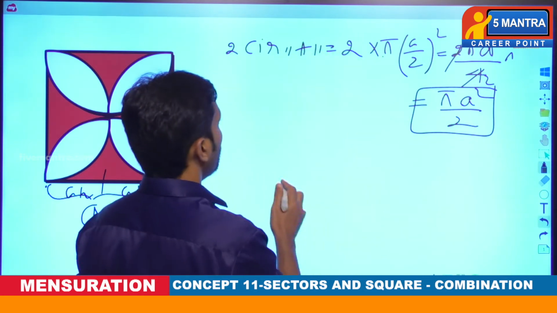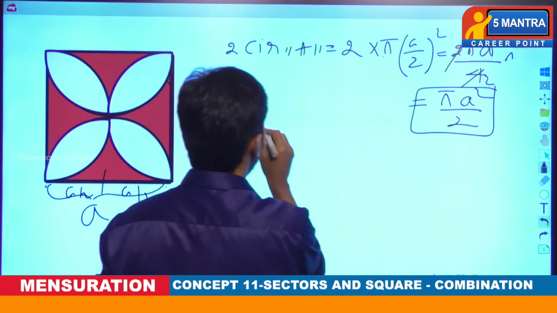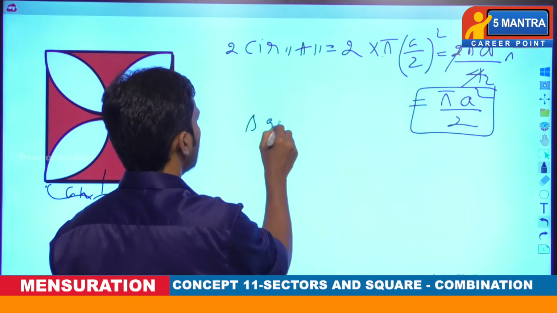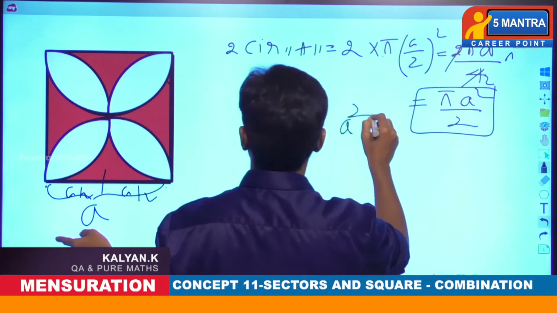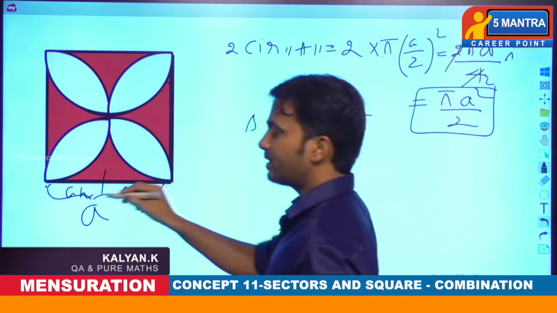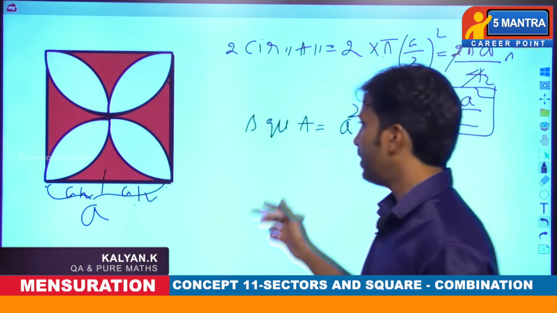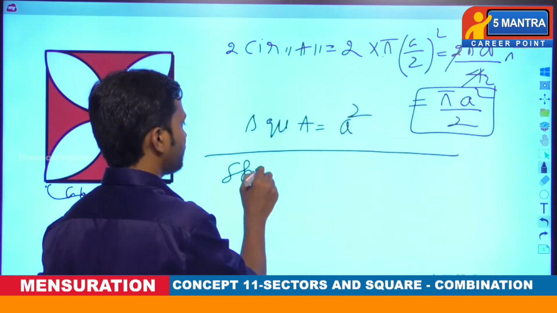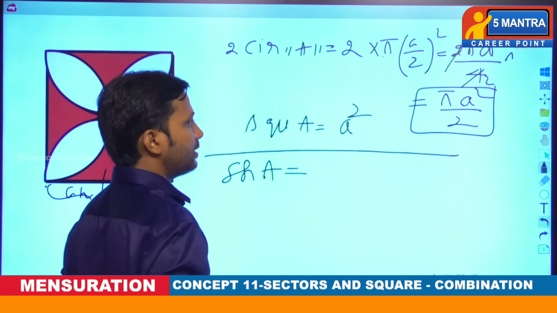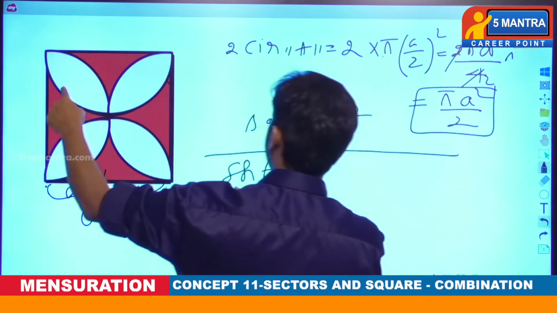Now here is the two circles' area, and what is the square's area? Its side is A, which means its area is obviously A square. Now if you want to find the shaded area, shade means the white area here.